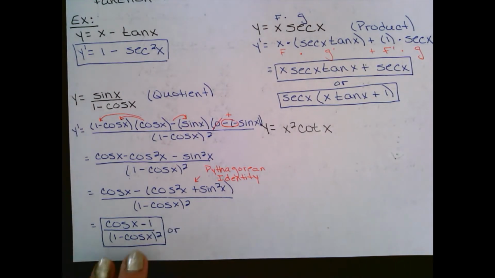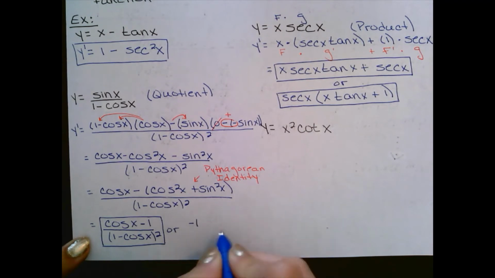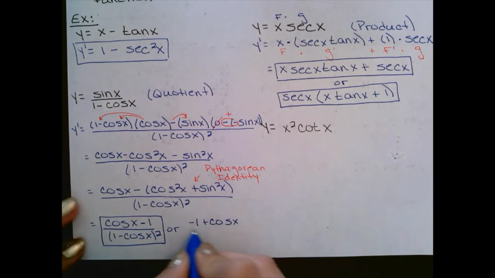Anytime you see that you have the same terms with opposite signs, or perfectly like reverse, so there's a negative one here and a positive one, and a positive cosine and a negative cosine, I can switch the order and factor out a negative, and then they'd be identical. For example, if I say -1 plus cosine of x, I just switched the order.